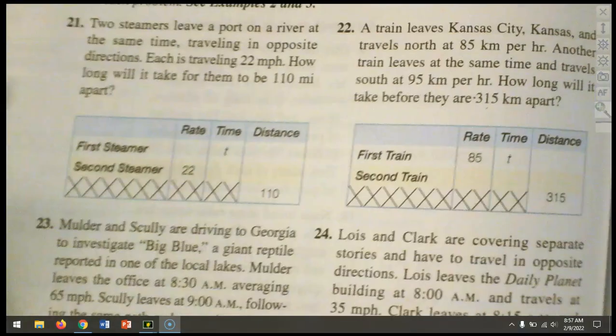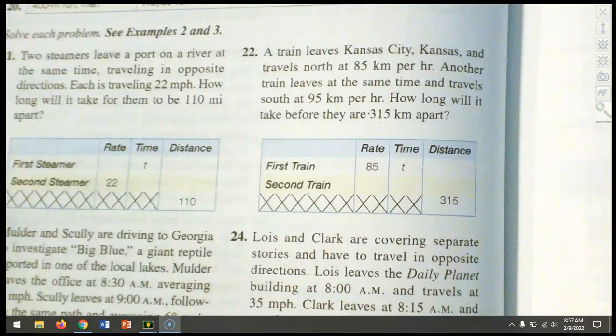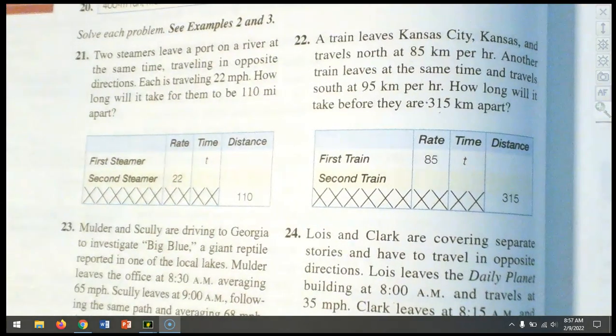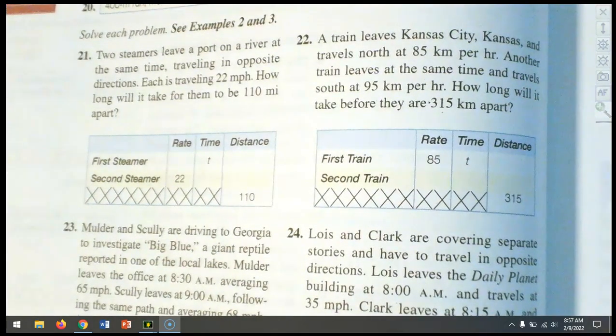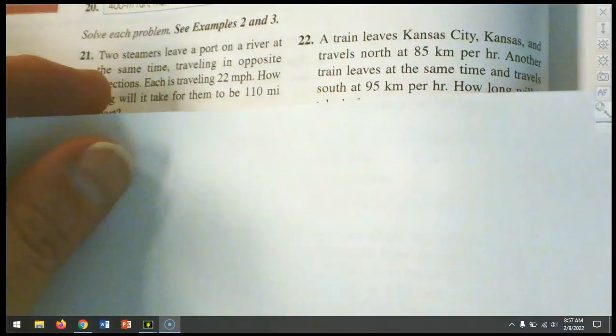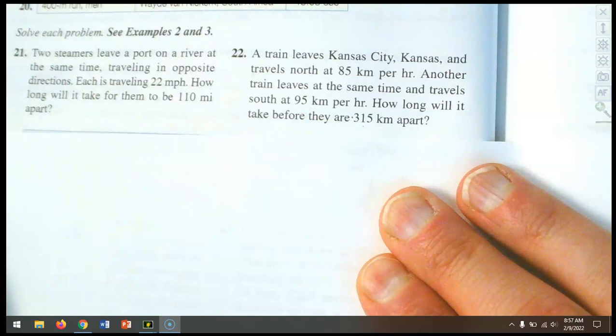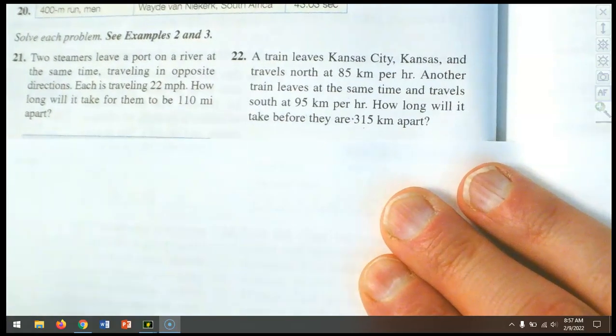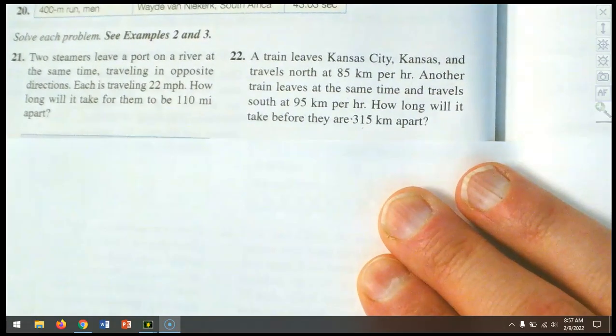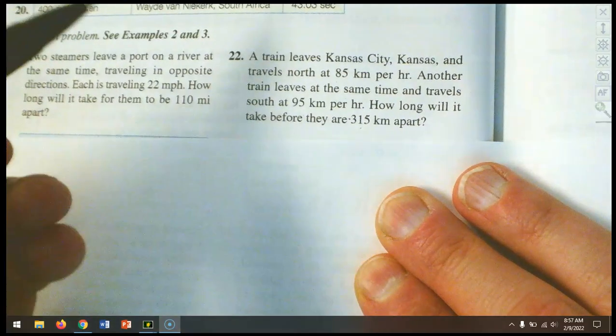Now don't worry about the table. We're not going to make a table like that. The textbook uses tables, but I think the tables are more confusing than just drawing a diagram. So we're going to draw our diagram. It's the same as the table, but I think it's less confusing for students. So question 22.